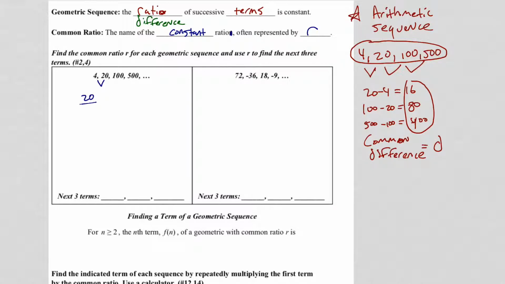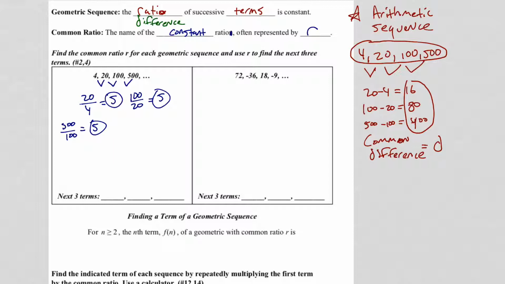So what is 20 divided by 4? It's 5. How about 100 divided by 20? 5. Oh, look. Right now, this is sort of making sense, I hope. What's 500 divided by 100? 5.